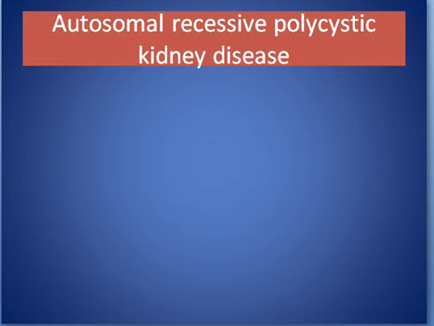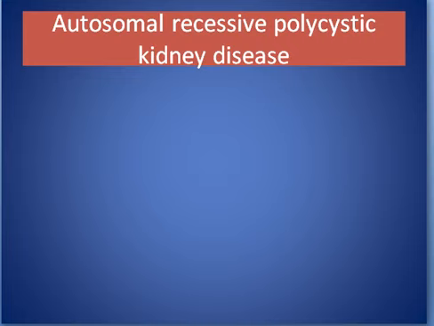Autosomal recessive polycystic disease is the most common heritable cystic renal disease occurring in infancy and childhood, and it is distinct from autosomal dominant polycystic renal disease, which tends to occur in an older population.